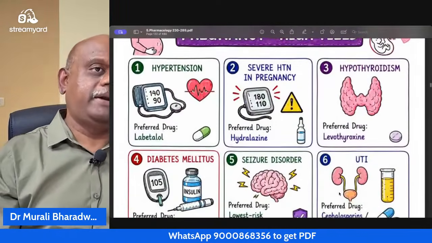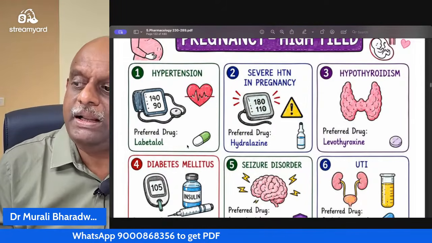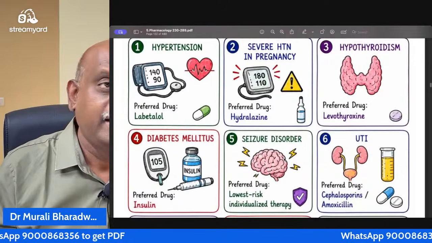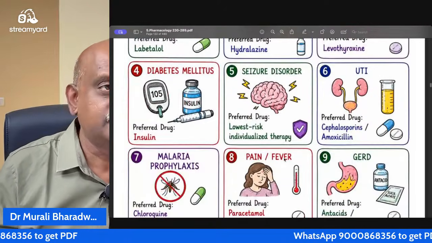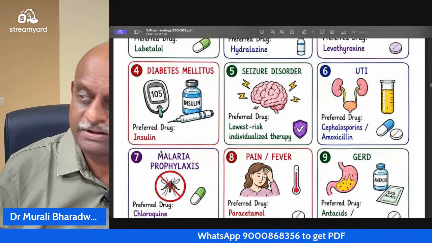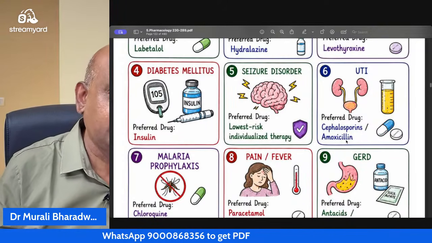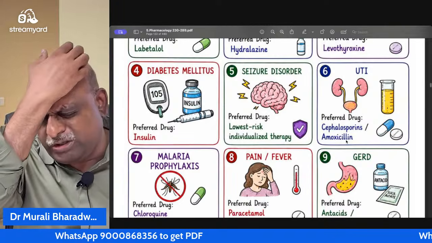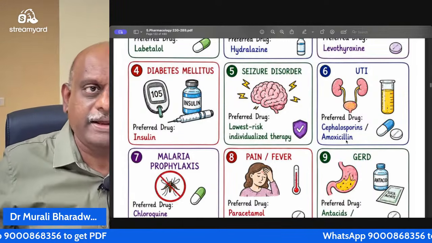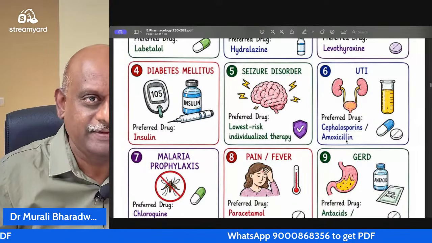Then what is the preferred drug in pregnancy? Hypertension, labetalol, hydralazine can be given; levothyroxine, safe; insulin is safe, not oral hypoglycemic agents. Then UTI, very common, both asymptomatic bacteriuria and UTI, because the gravid uterus will compress the ureter and lead to development of UTI.